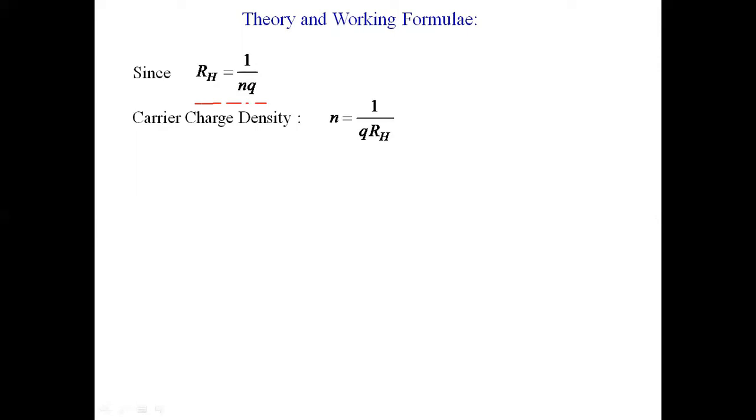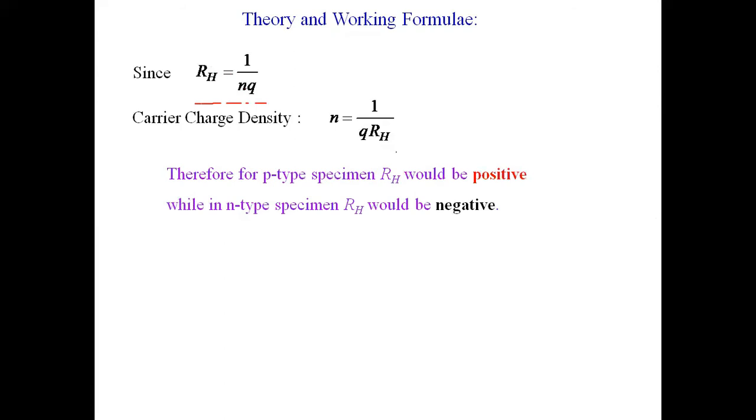So for p-type material, RH is essentially positive. On the contrary, if your semiconductor is n-type, the majority carriers are electrons, so Q is negative, and RH is negative. So the logic is very simple. If RH is positive, then the semiconductor is p-type. If RH is negative, then the semiconductor is n-type.